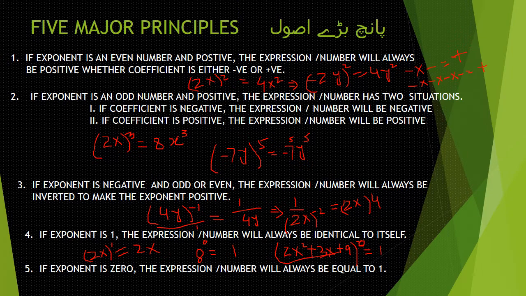It means that if this expression has a positive and even power, for example 2, then 2x squared will always be a positive number. No mathematician can change it into a negative expression, so this will always be positive.